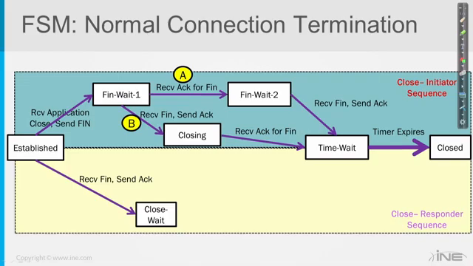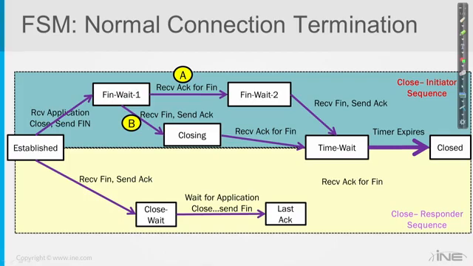So eventually the upper layer process will send a close, and now the server can send its own FIN back to the client, which moves us into the last ACK state, because just like it sounds, the server says, okay, I am waiting for one final acknowledgement. I need that client to acknowledge my FIN. At some point, you'll get that acknowledgement, and you can move directly from last ACK into closed.